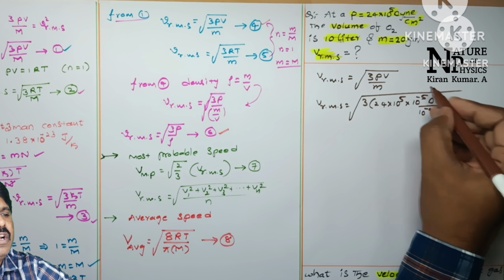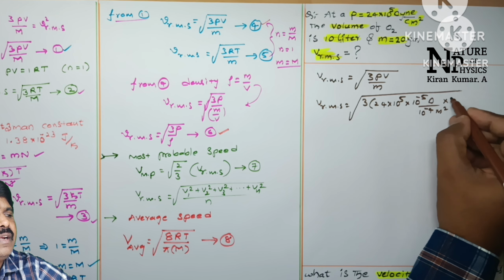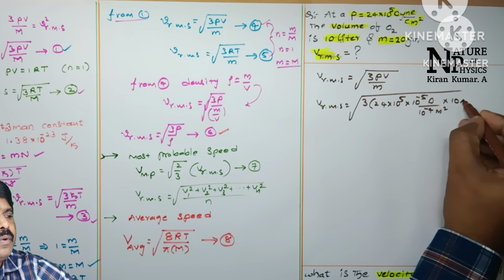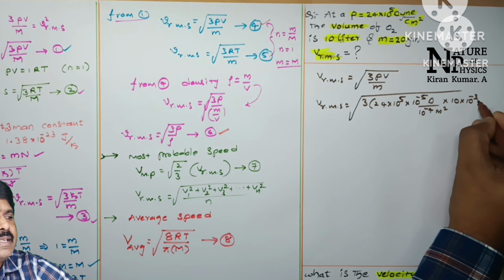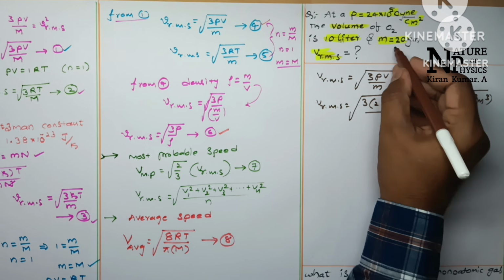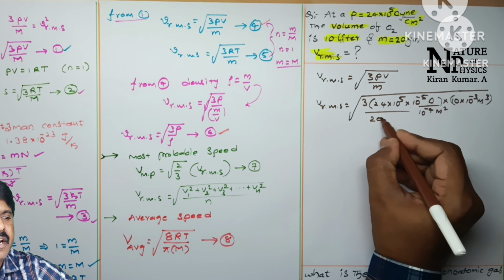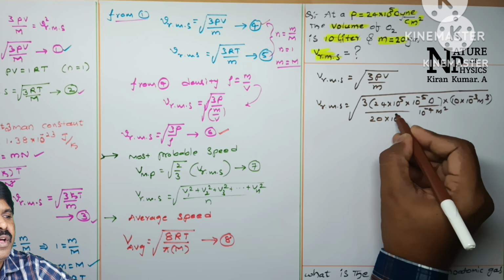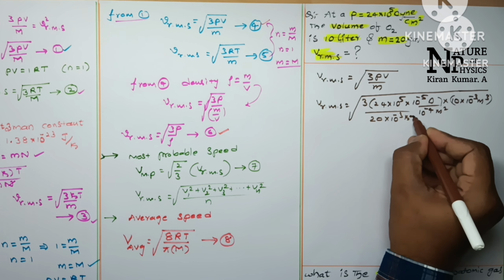Volume is given as 10 liters, that is 10 into 10 to the power of minus 3 meter cube. Mass is also given in grams, that is 10 to the power of minus 3 kg.